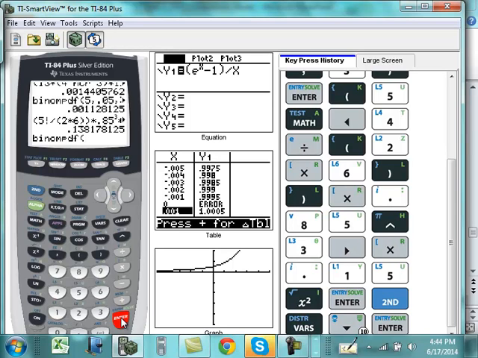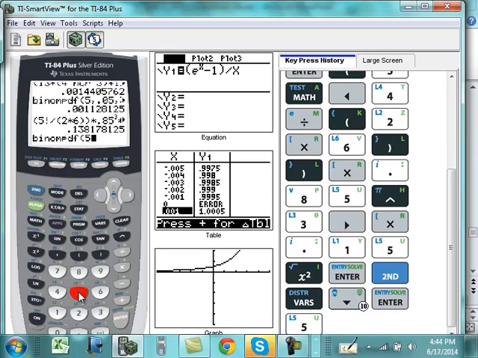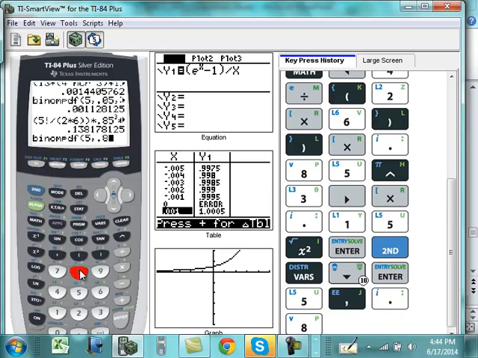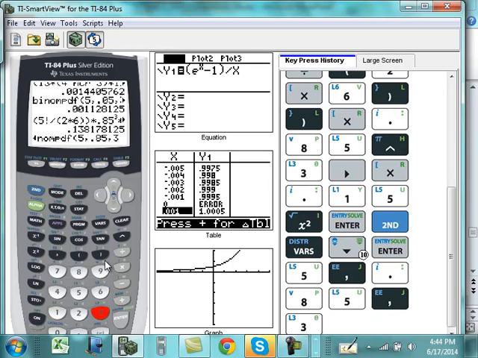You're going to put 3 numbers in. The first number is going to be the number of trials, which is 5 in this case, comma. And then the second number is going to be the probability of a single success, which is 0.85 in this case, comma. And then the last number is going to be the number of successes, which is 3 in this case.